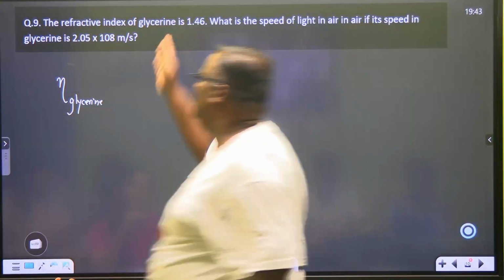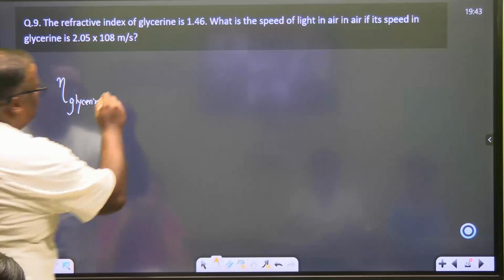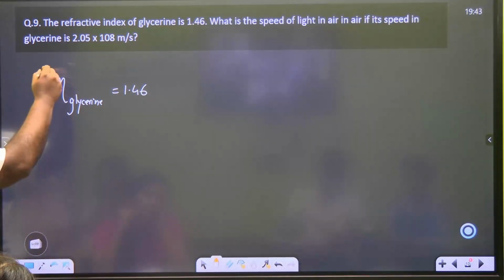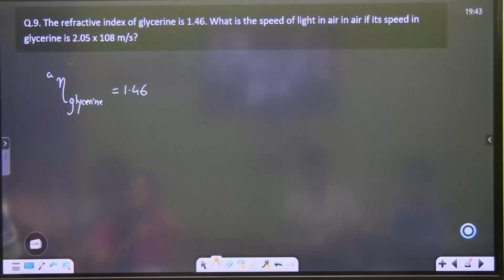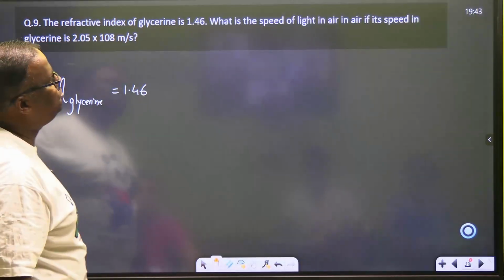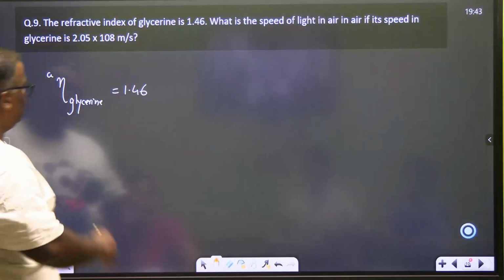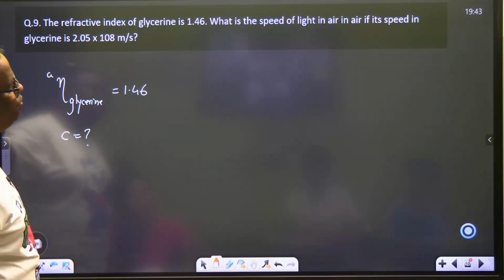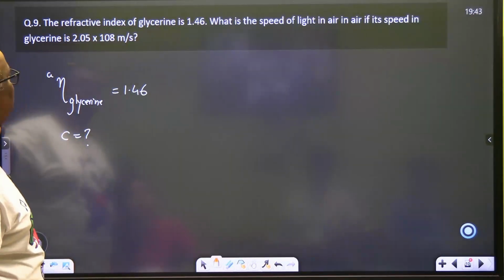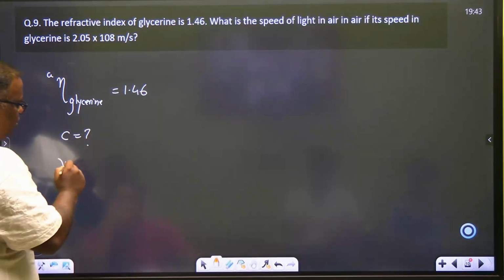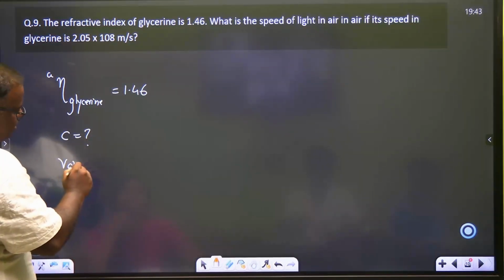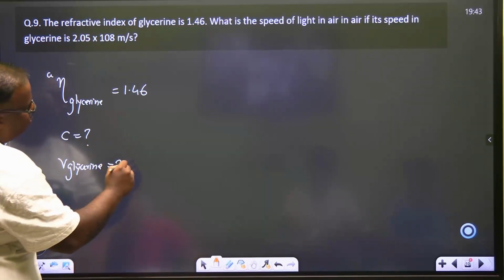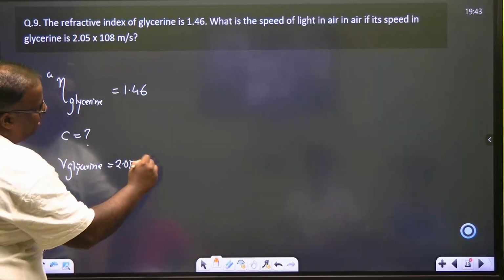Okay. The refractive index (eta) of glycerine is how much? 1.46. That means obviously this is with respect to air. Clear? Next, what is the speed of light in air? If the speed in air is twice its speed in glycerine, Vg, or V glycerine, is 2.05 into 10 to the power 8 meters per second.